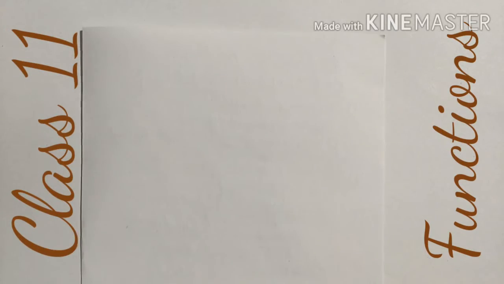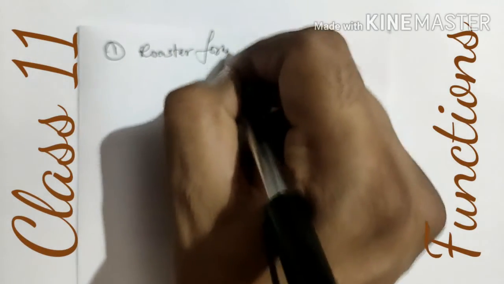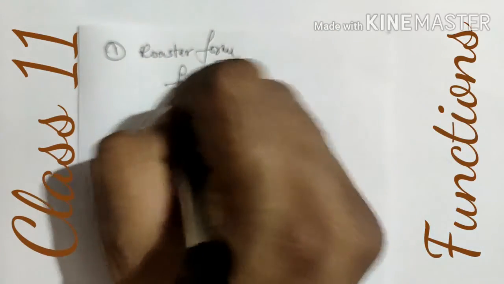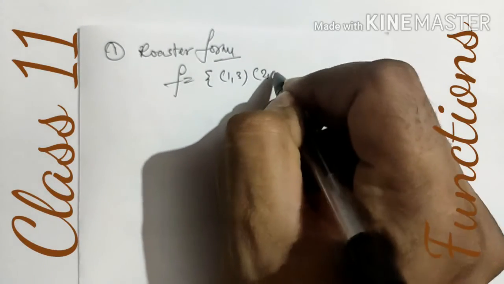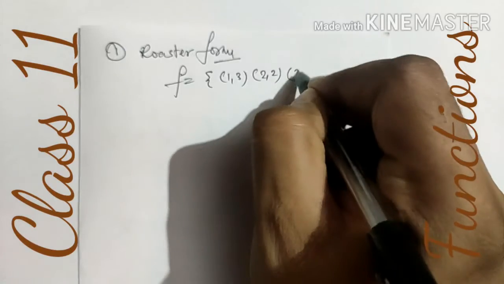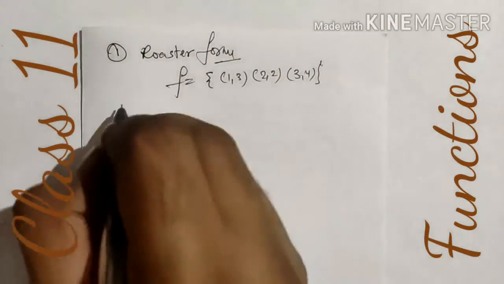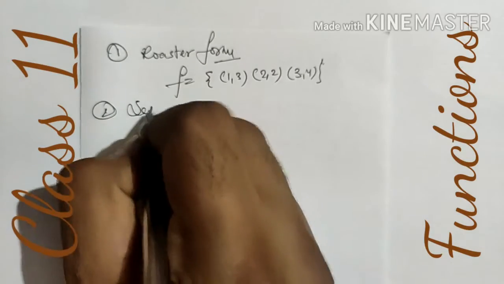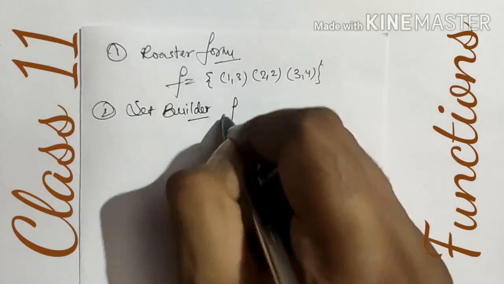Now we are going to discuss different types of methods to write them. First one is the roster form, as we have discussed in chapter first. It is also known as tabular form, as we have discussed, example 1, 3, 2, 2 and 3, 4. This is roster form, otherwise we can say tabular form. Next, set builder form, otherwise we can say rule method.